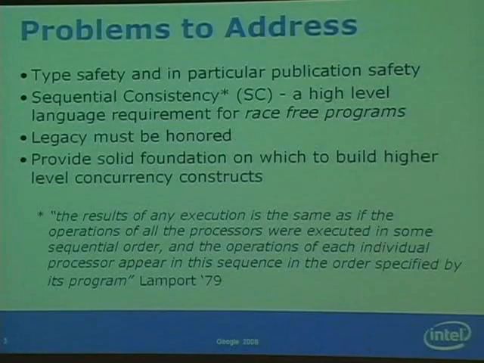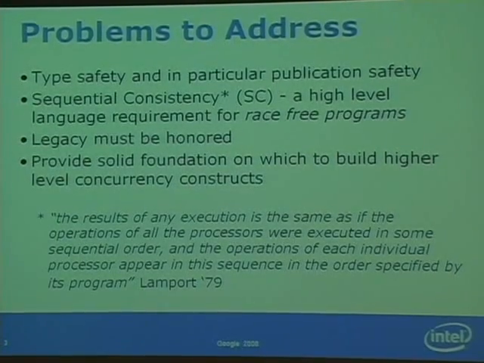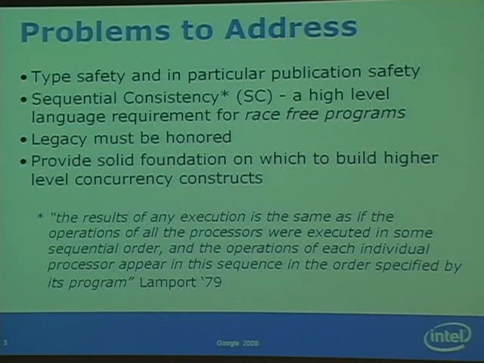And if you don't know what that is, you probably actually do, because it's what you intuitively think a computer does. That's why people like talking about sequential consistency, because it's intuitively what the first person that comes to a computer expects.